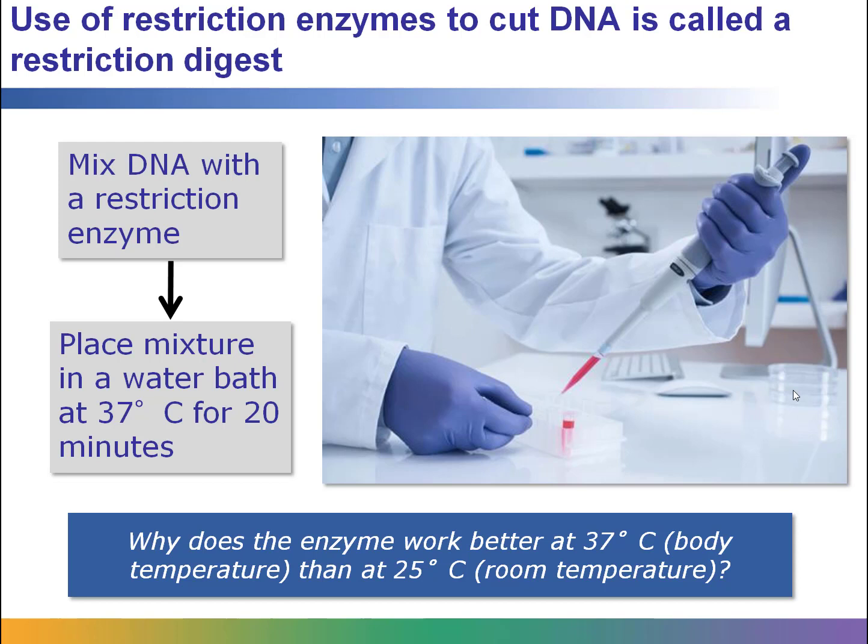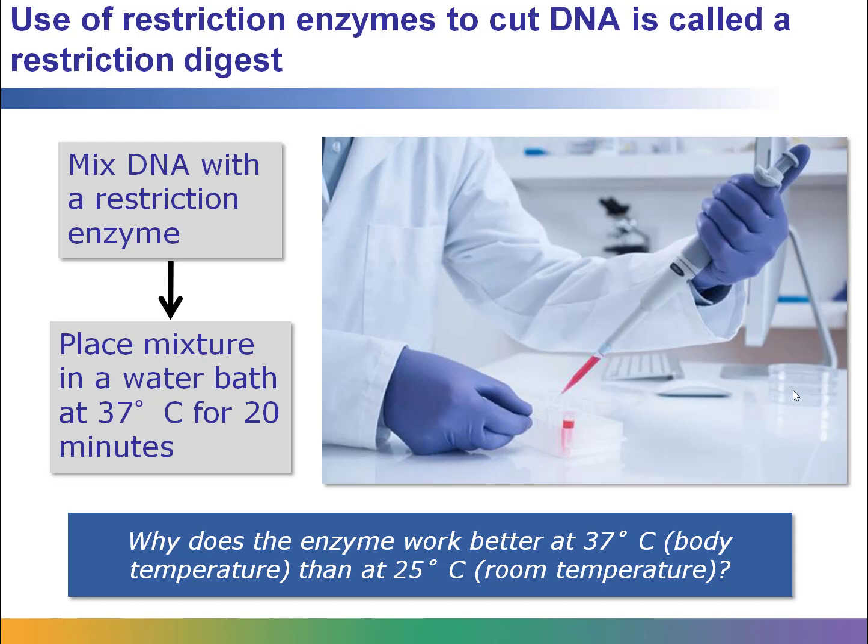You might carry out a restriction digest for multiple reasons. One of those reasons is that you want to isolate genes. Maybe you're targeting a section of DNA that you then want to insert into a plasmid, put into bacteria, and collect the protein, much like what is happening with insulin. Or you may want to cut the plasmid, so we want to make sure the plasmid we use is also cut by the same restriction enzyme that we used to cut the initial section of DNA.